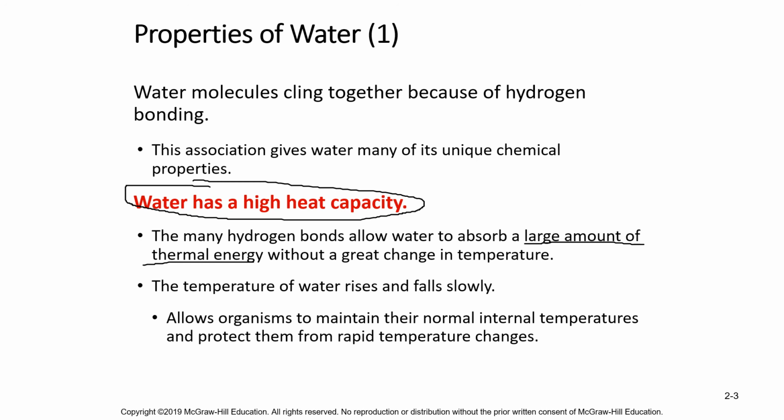Another reason this is important, because it has a high heat capacity, it has a high heat of vaporization, which means when water evaporates, the hottest water molecules leave, and that transfer of heat from liquid water to gaseous water cools down the water that remains.